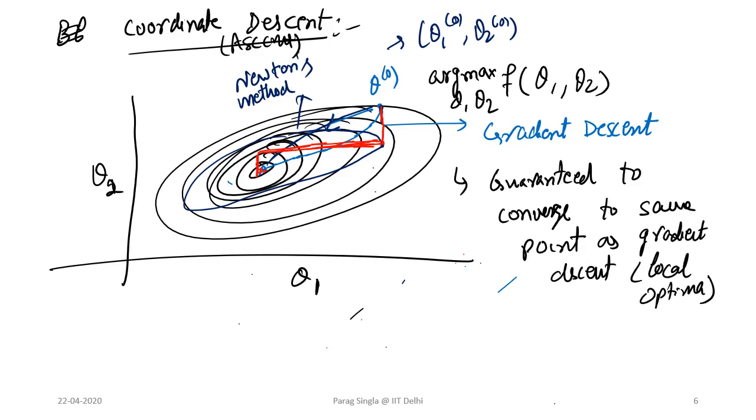And note that maybe it will discover a different local optima if there are multiple local optimas, but this algorithm is also guaranteed to converge to one of the local optimas of the function. It is useful in cases where taking the gradient of the entire function may be difficult, but it is easy to optimize with respect to these coordinates, one at a time.